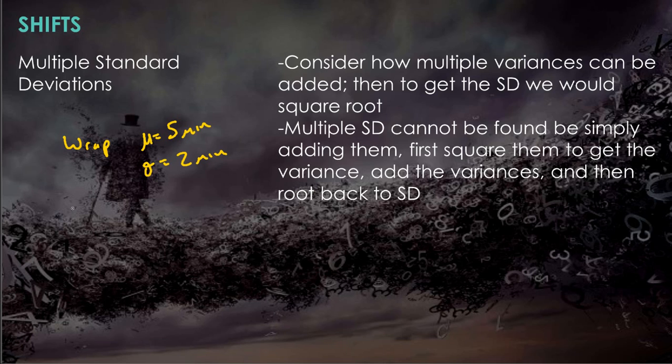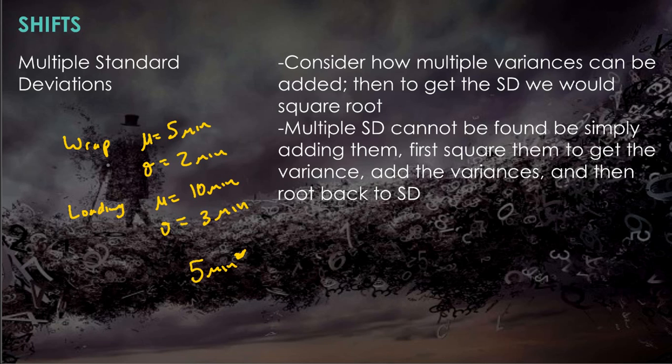And then let's say my loading stage had an expected value or mean of 10 minutes and a standard deviation of 3 minutes. I can't just add my standard deviations and get a 5-minute standard deviation.